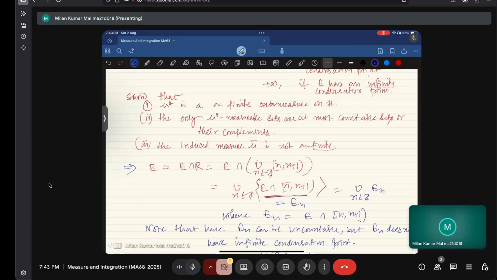But their complement is also uncountable. For example, if I take a finite set, the complement is uncountable.